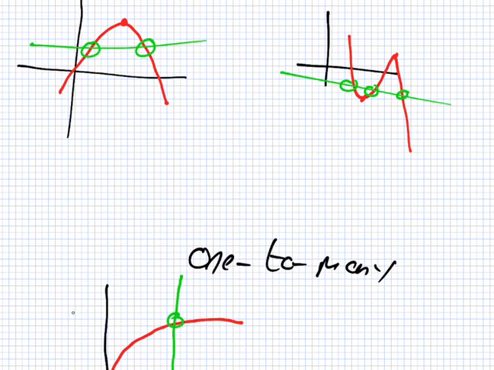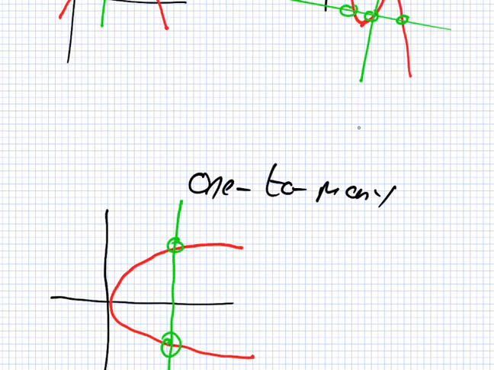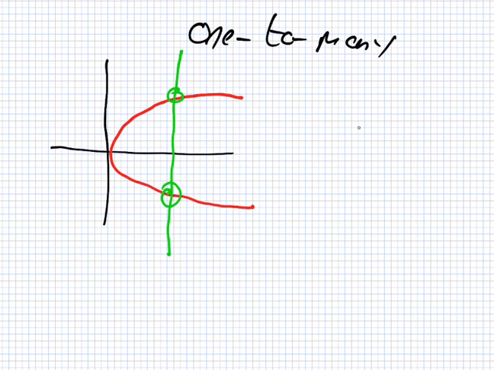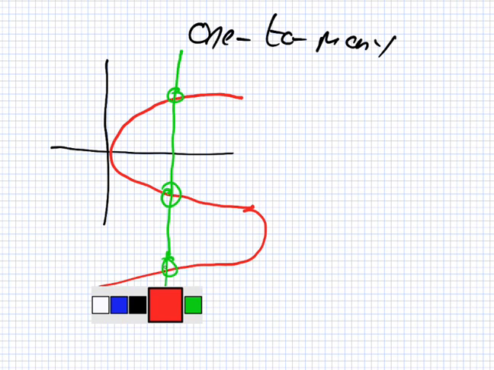And here, if I draw a vertical line, it's only once as well. But here, if I draw a vertical line, how many times? Twice. So this makes it the one-to-many part. If vertically, you can make it cut twice or more. So for example, this here. That would also be one-to-many.